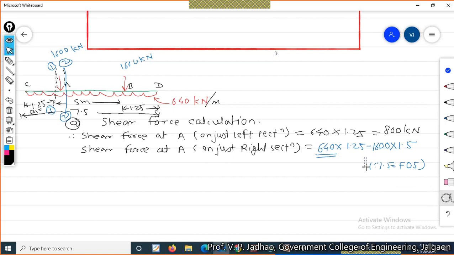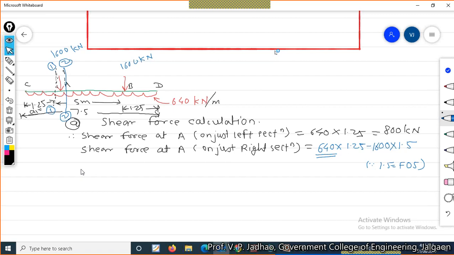Okay, is there any problem in this 1.5? We are considering this 1.5 as a factor of safety because this 640 is factored soil pressure, but this 1600 is not factored load. Therefore, we are multiplying this 1600 with the 1.5.